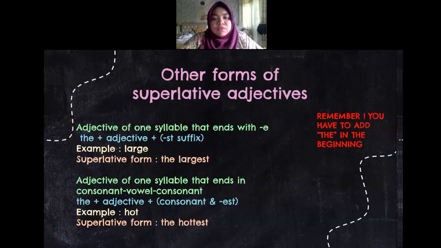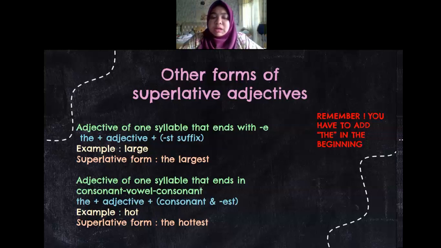Other forms of superlative adjectives. For adjectives of one syllable that end with e, for example, large, you just need to add the suffix "st" at the end of the word. Compared to the previous slide, where you have to add "est" as the suffix, when it comes to a word that ends with e, you just need to add "st" because the word already ends with e.